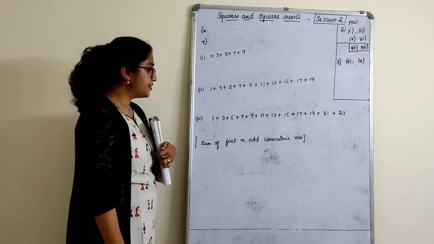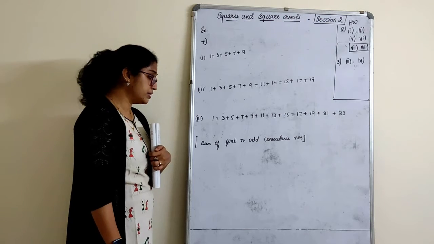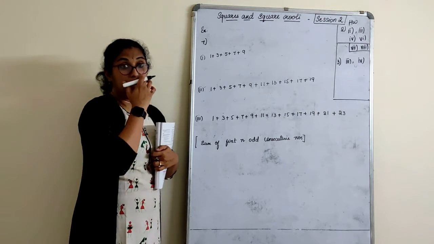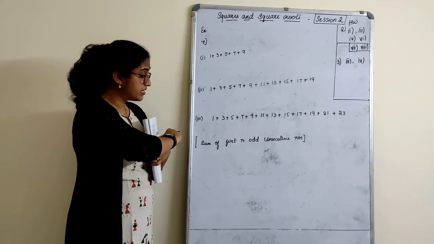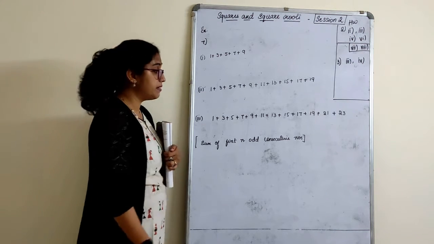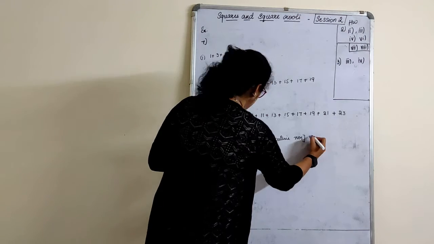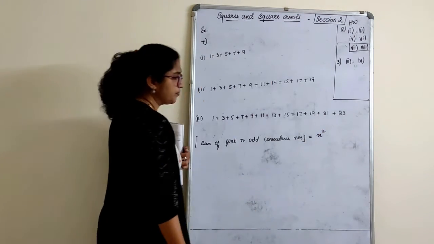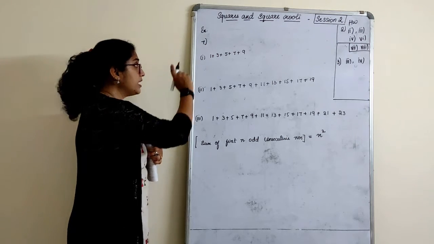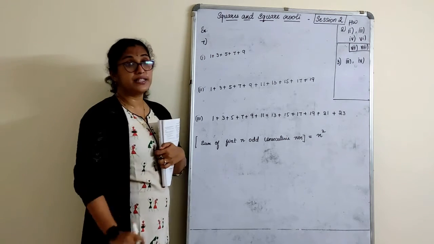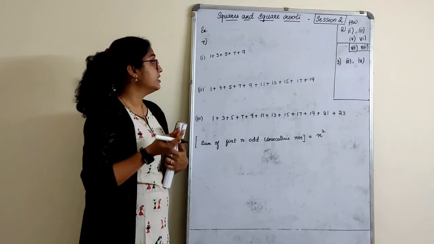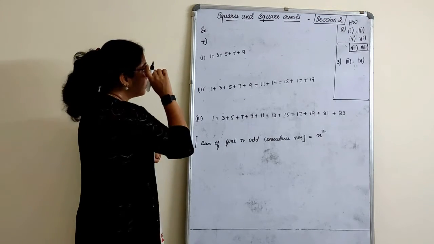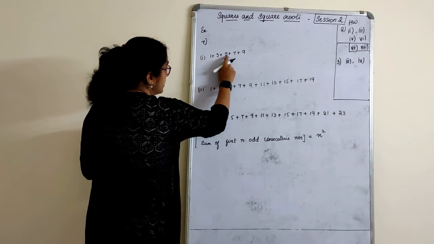The rule of the property is that when I have the sum of the first n odd consecutive numbers, the answer is n square. What is this now here? I have to find the sum of this without actually adding 3 plus 1, 4, 4 plus 5. No, without doing that I have to do. How? 1, 2, 3, 4, 5.